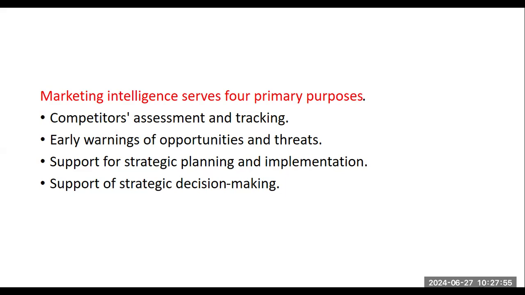Such as the growing demand for healthier beverages. Now people prefer healthier drinks, right? So that's why marketing intelligence can give some warnings that people are generally preferring healthy drinks.